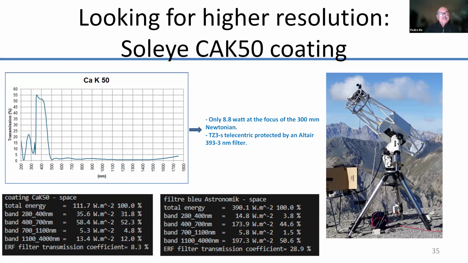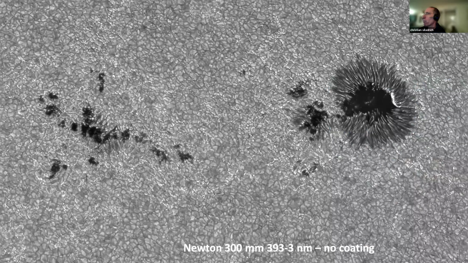The G band, you didn't talk about G band, but it's very different from the images that you showed us. G band is closer to the calcium K line, but it's very different. Basically it's a bit like this, with a bit less resolution, because G band is not 393 nanometer.